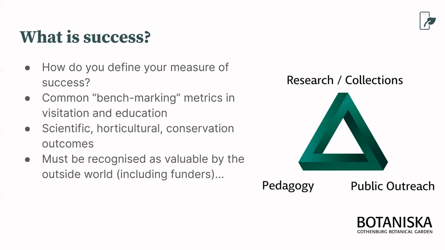And those of you who may have attended the 2017 conference in Leiden, Howard mentioned earlier, Matt presented this model framework for Gothenburg Botanic Garden, where the three elements of their vision and mission concern the research focus, the outreach focus, and the pedagogy, that teaching element to their work.